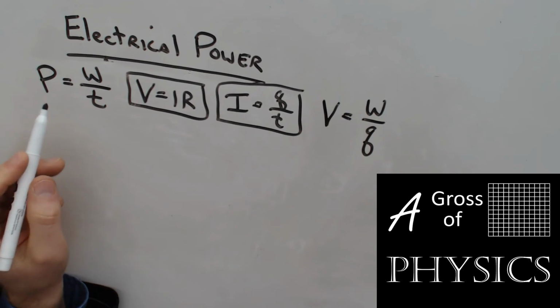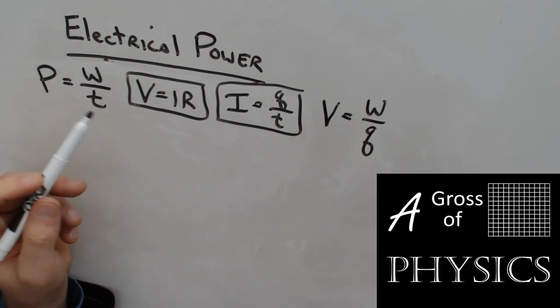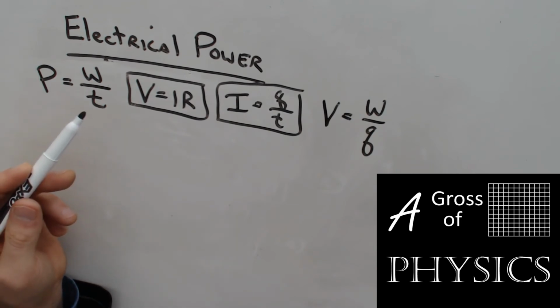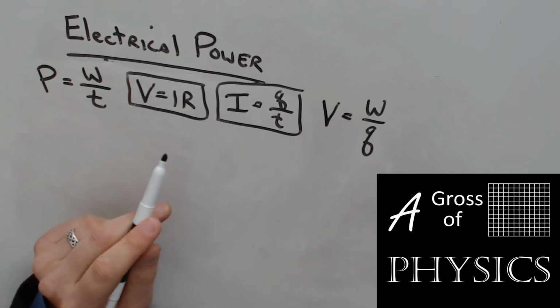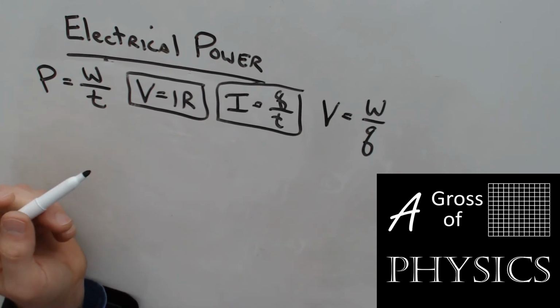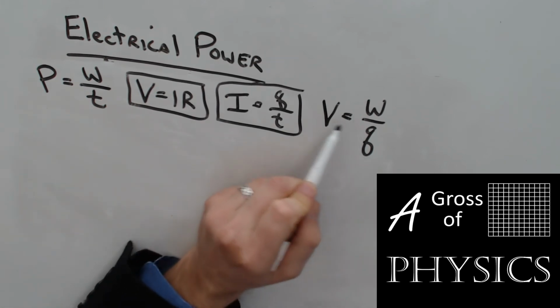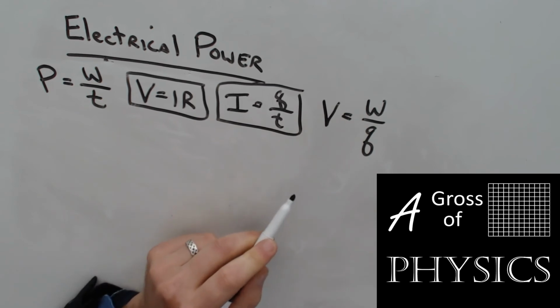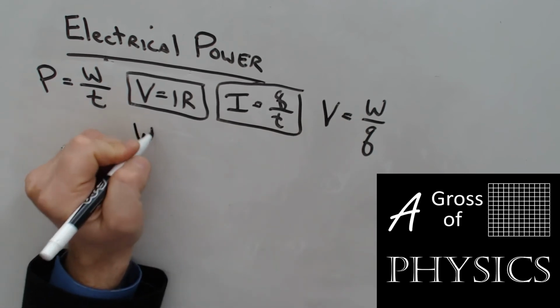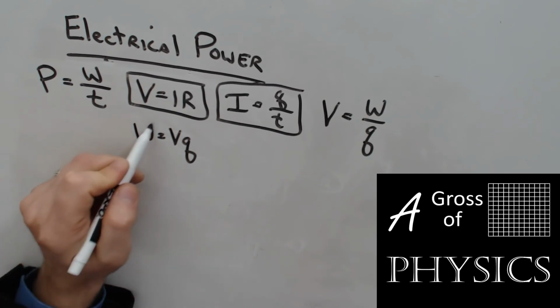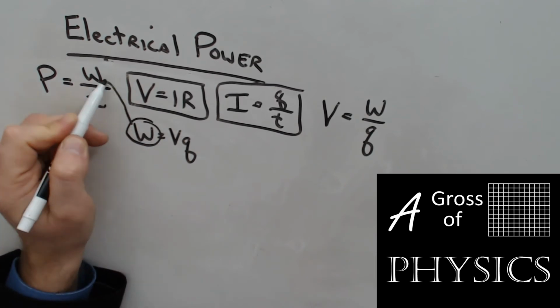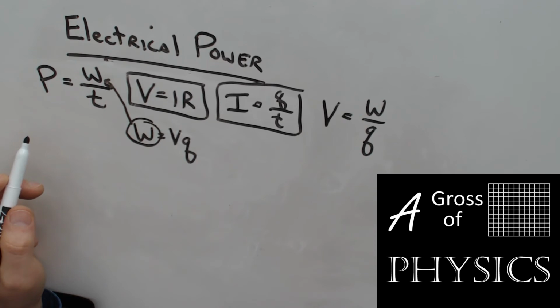Now, what I'd like to do is relate, instead of a mechanical power equation, relate it using the electrical versions of our equations, our variables that deal with electricity. Now, the first thing I want to do is solve for W in this last equation, which would be W equals VQ. Now, the reason I'm going to do that is because I'm going to take this W and replace it right there.